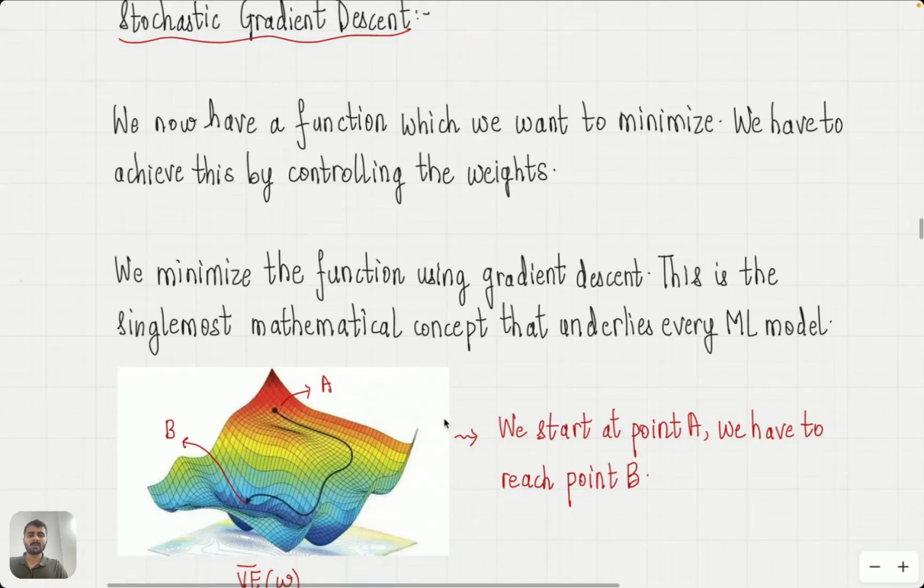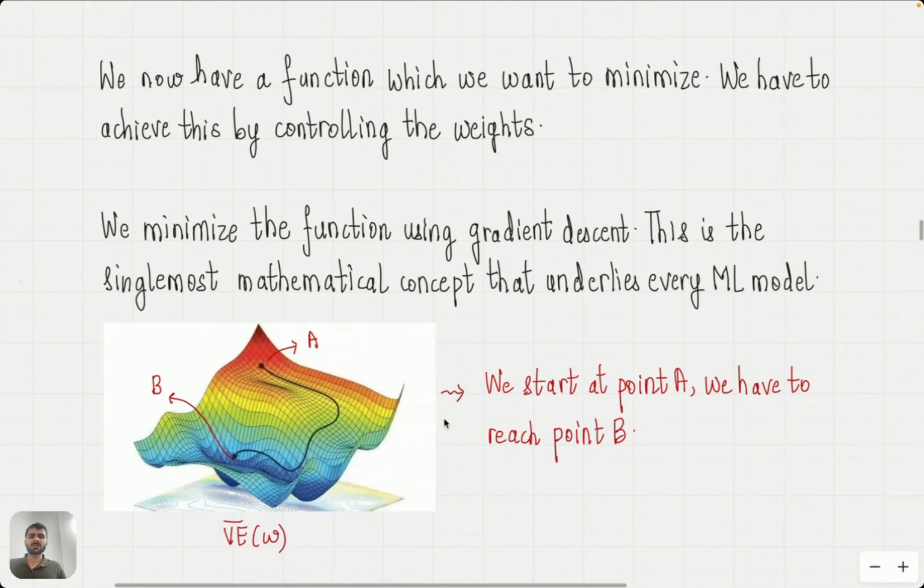So let's say we have a function which looks like this, right? It looks like a pretty complicated function. And let's say this is the function that we want to minimize. This is our objective function. Now, let's say I start at point A, at which the value of the function is high, because the curve is sloping upwards at that point.